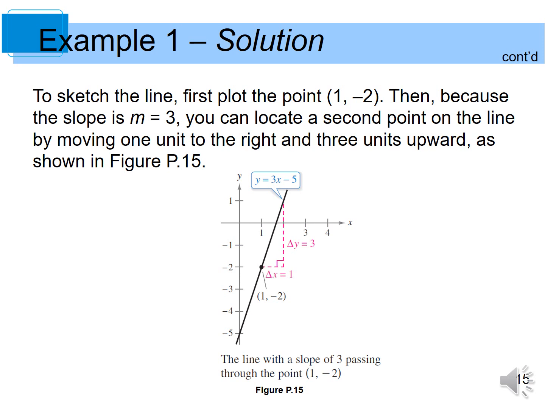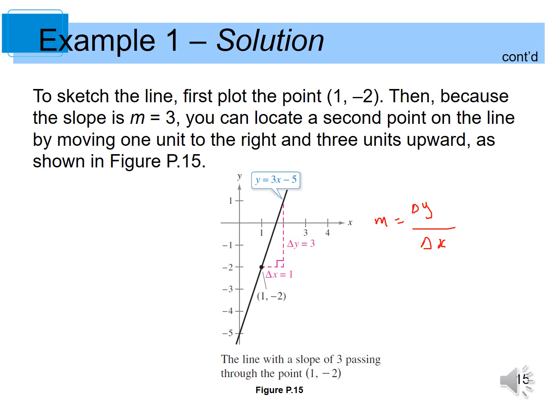Because you know the slope formula m equal to delta y over delta x, and since your m is equal to 3, your delta y will be 3 and your delta x will be equal to 1. Then from the first point, you move to the right 1 unit and move upward 3 units.